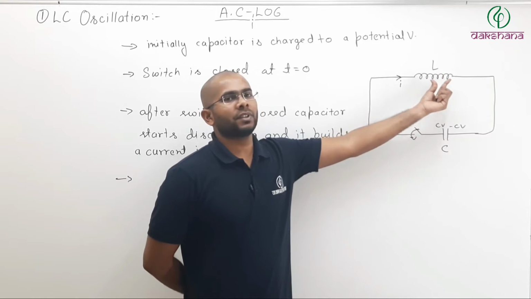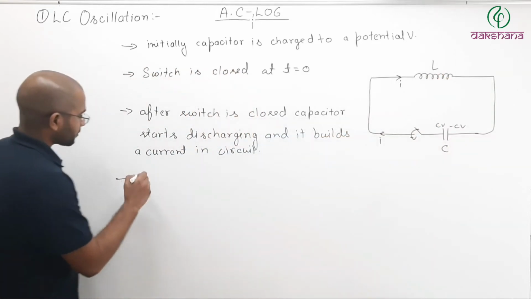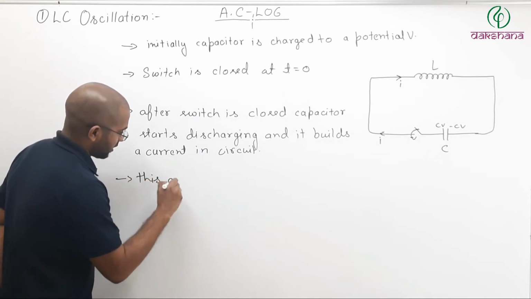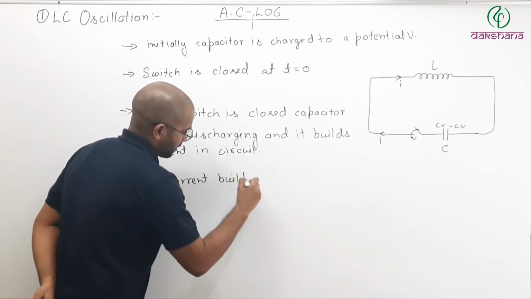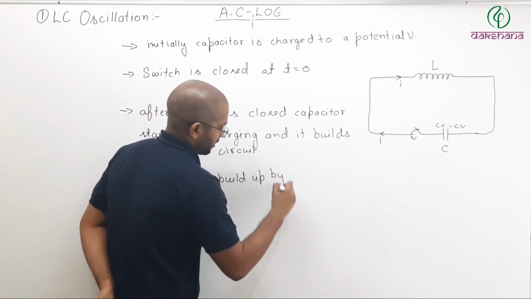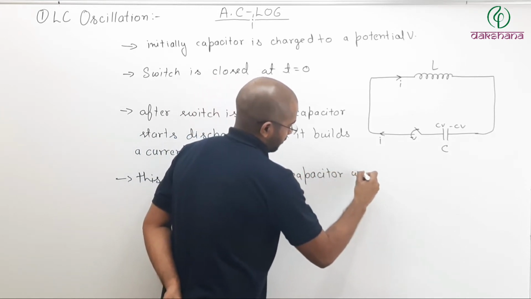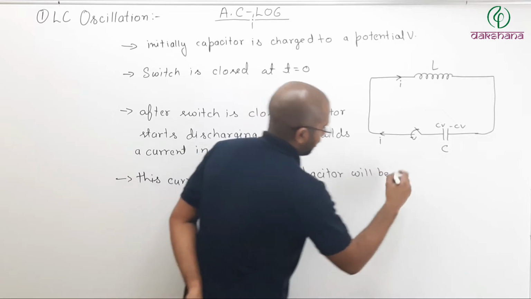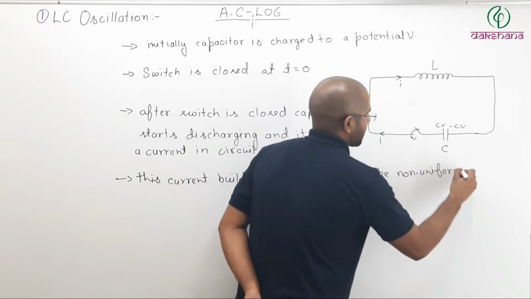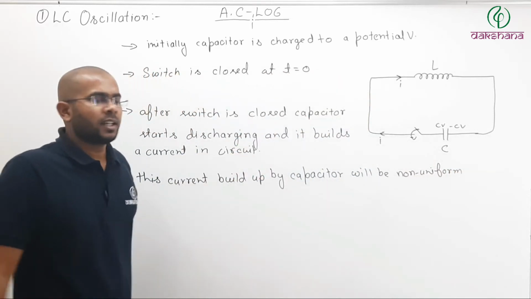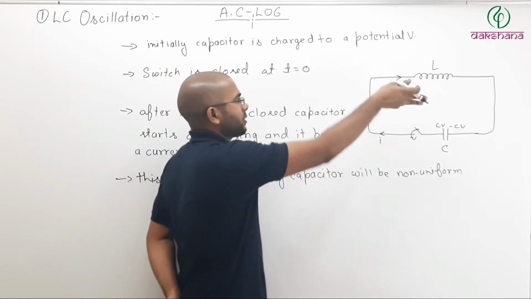There will be an EMF induced across the inductor. So what I can write? This current built up by the capacitor will be non-uniform. It will be continuously decreasing, because as soon as the capacitor starts discharging, the charge on the capacitor decreases, and as the charge decreases, your current will also keep changing.